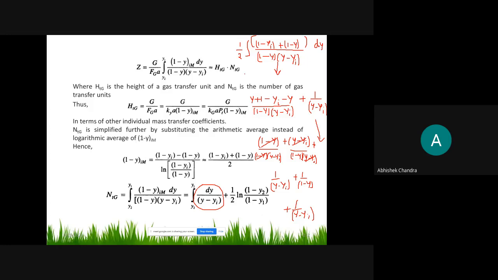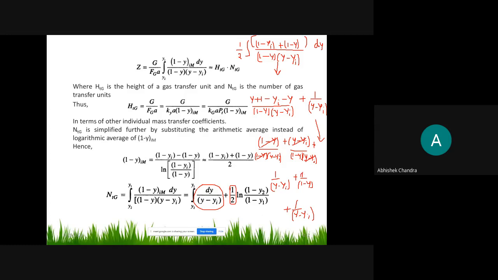Two times, and already 1 by 2 is outside the integration, so the 2 cancels out and only 1 remains. And the other term appears only a single time, so it carries the 1 by 2.